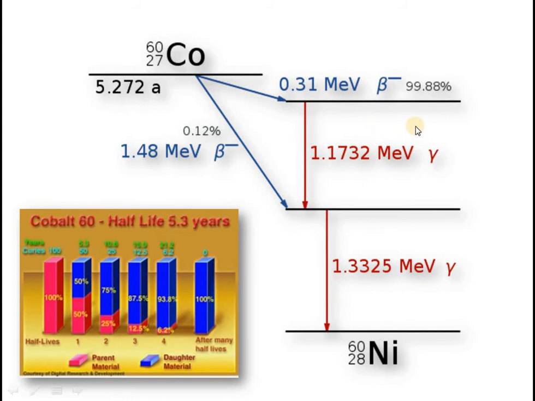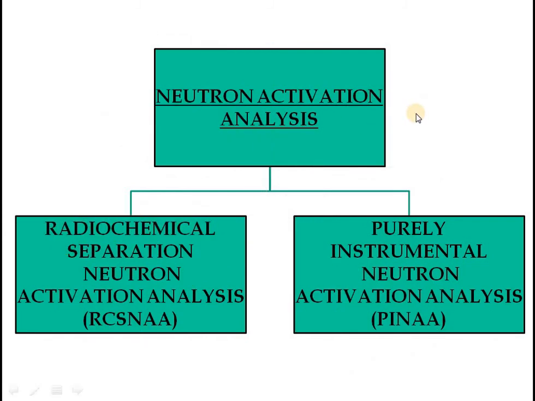So there is a uniqueness for the energy of this gamma ray, either 1.17 MeV or 1.33 MeV. This is unique for cobalt. So that is how the element of analytical interest is identified. If the gamma ray energy is something else, you can conclude that the element is something else, not cobalt. So that's the methodology involved in identifying the sample.